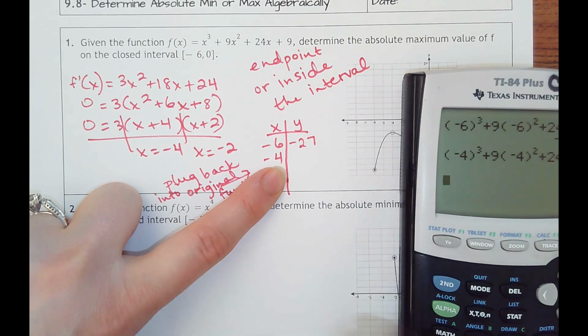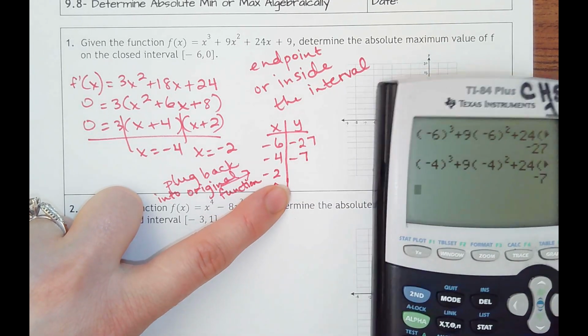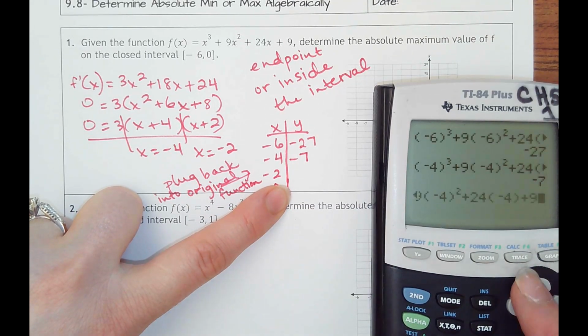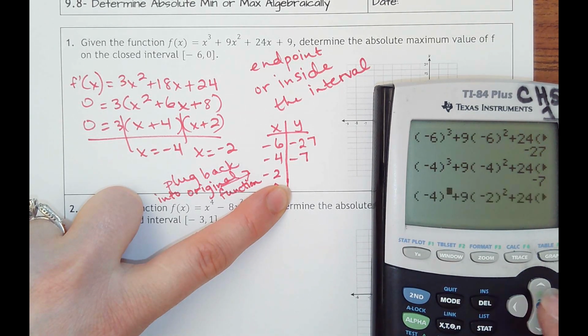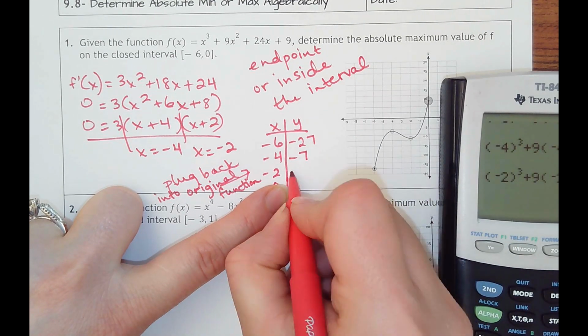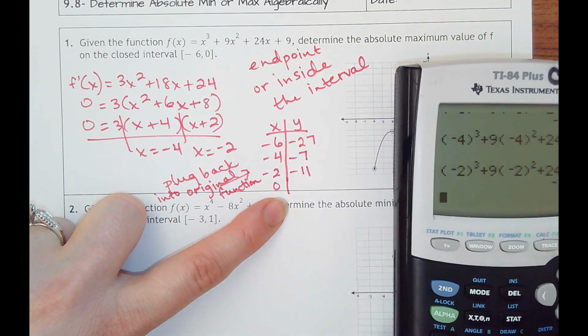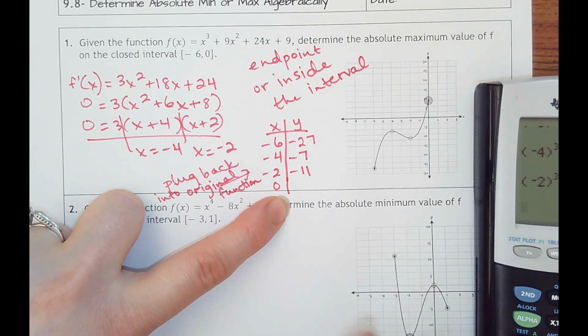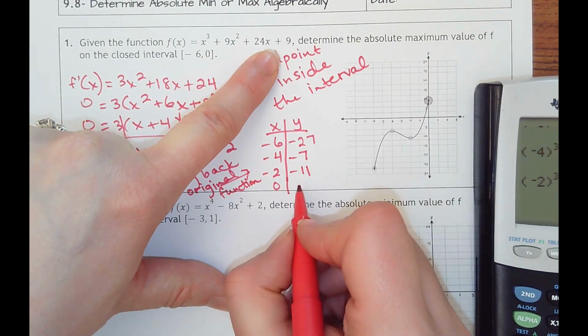And we get -7, so we're increasing, right? Take it again, plug in -2. -11, go back down a little bit. And then plug in 0, I could just do that because that's zeros until 9.